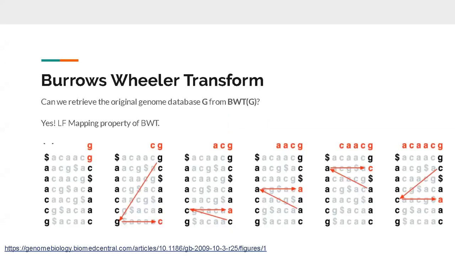And because these are circular, we would know that we have to start with the G. Does everyone get this? Why we are starting with G? It's important that you understand it now, otherwise it will be confusion later on.